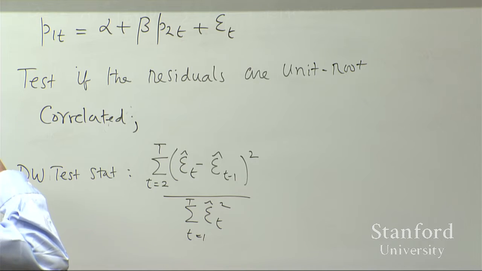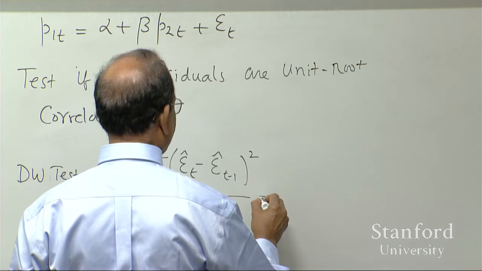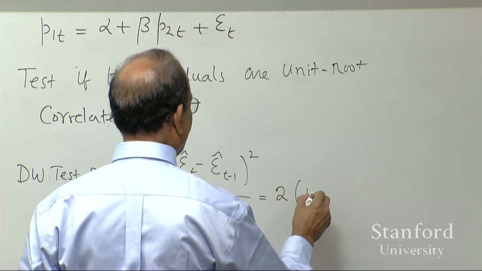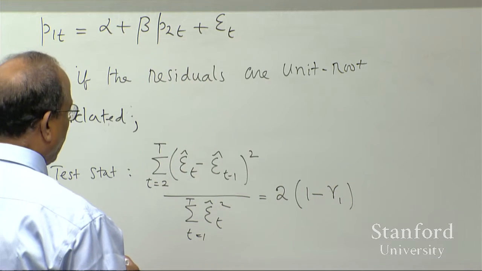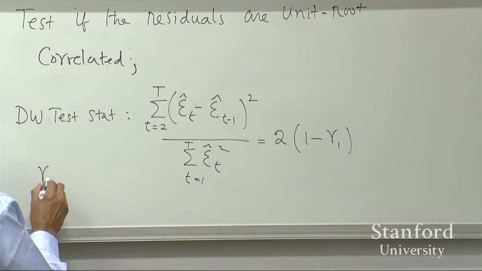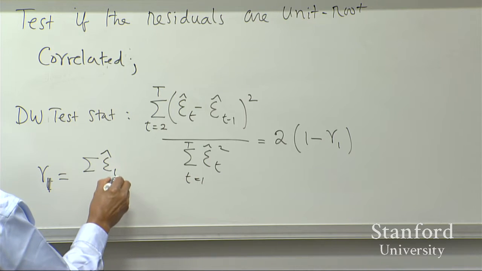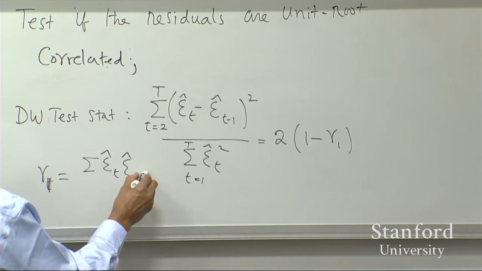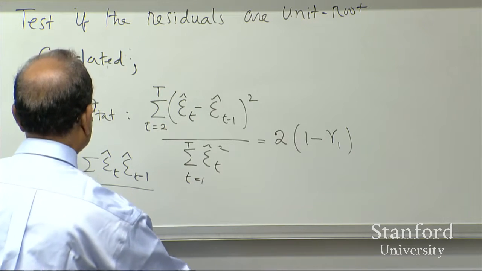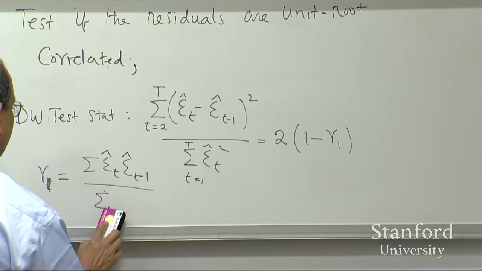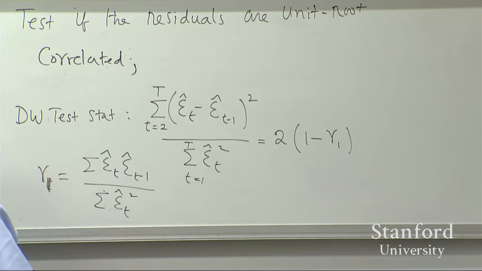You can show, just by expanding these terms, that this is the same as writing 2 times (1 minus the autocorrelation of lag 1), where R1 is given as the sum of epsilon t hat times epsilon t minus 1 hat, divided by the sum of epsilon t hat squared.